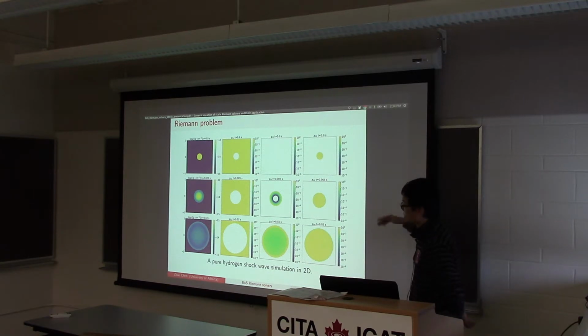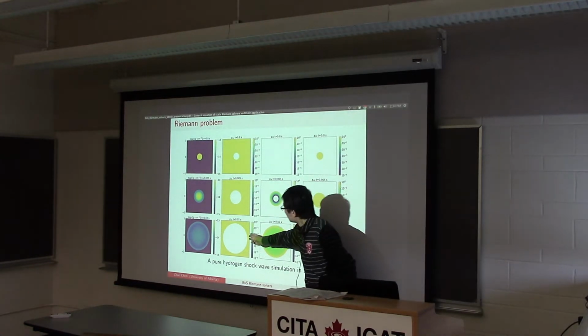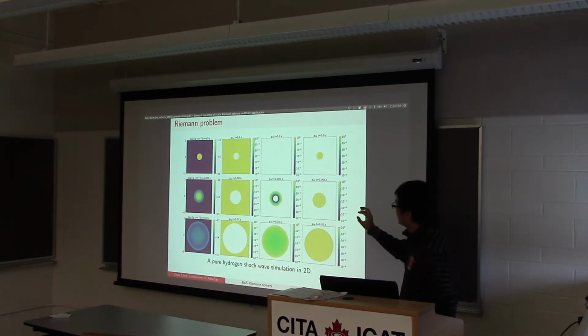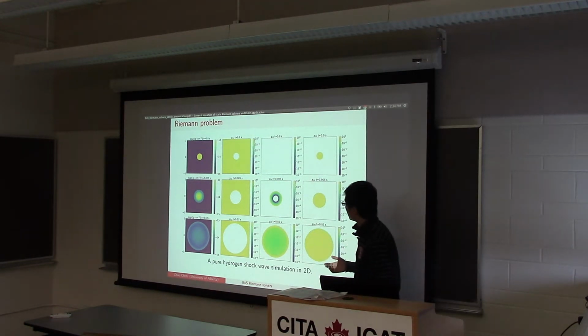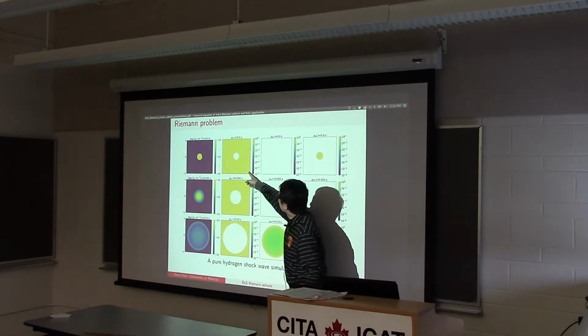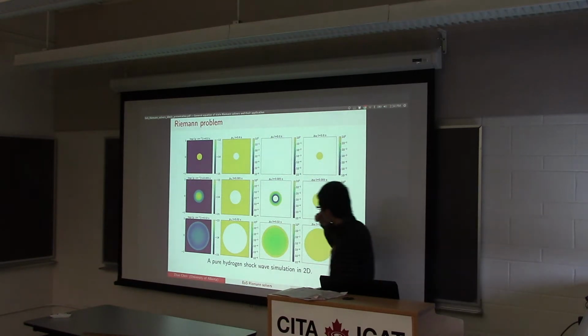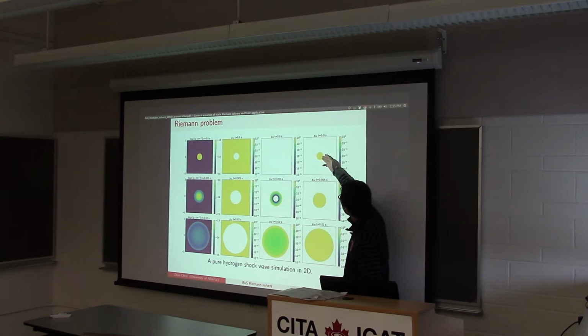Then this slide shows the hydrogen concentration of each species in that shock expansion. This is the molecular hydrogen. At the center it is 0. The white is 0 because it's high temperature, high density. No, sorry, I got it wrong. This is the ionized hydrogen.